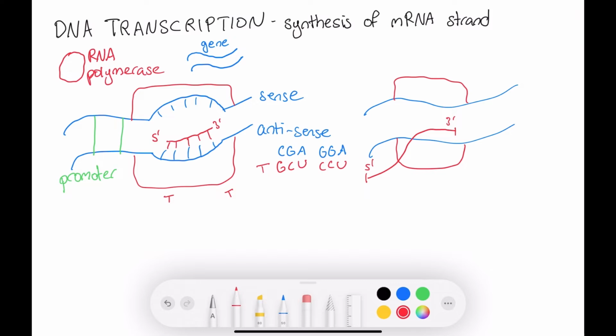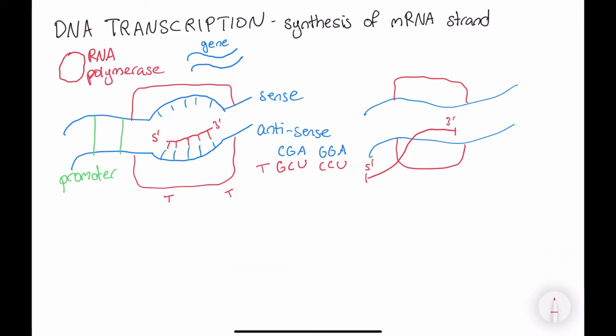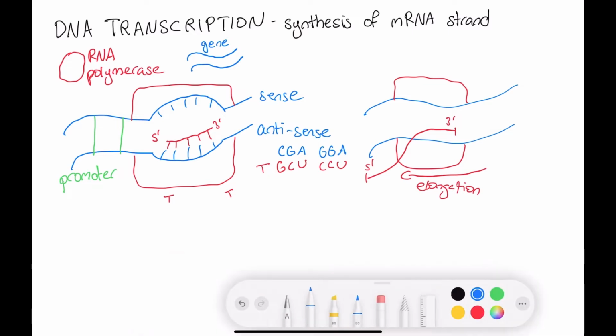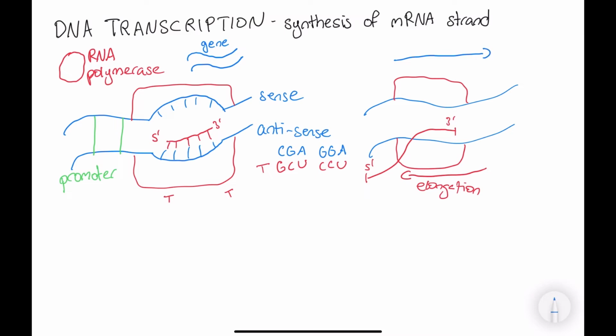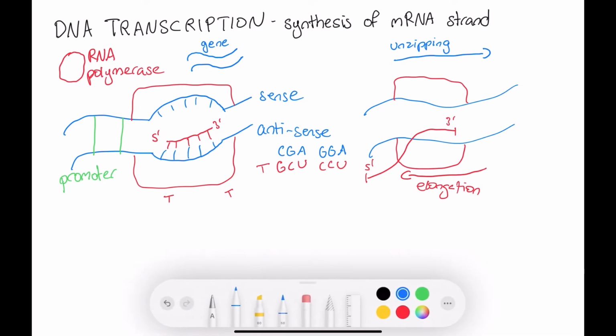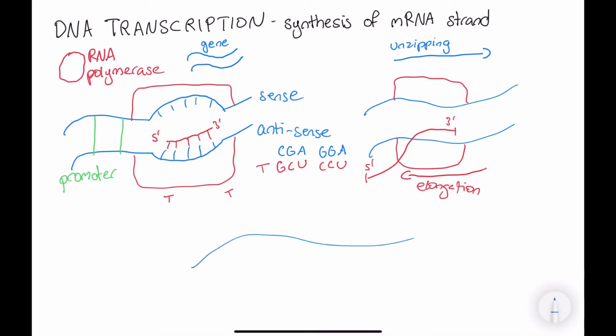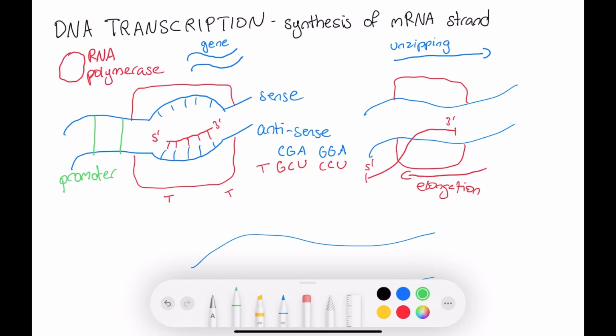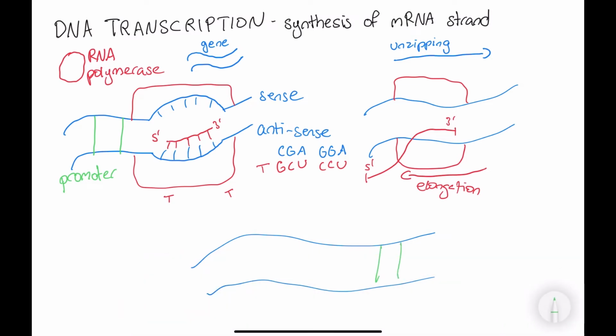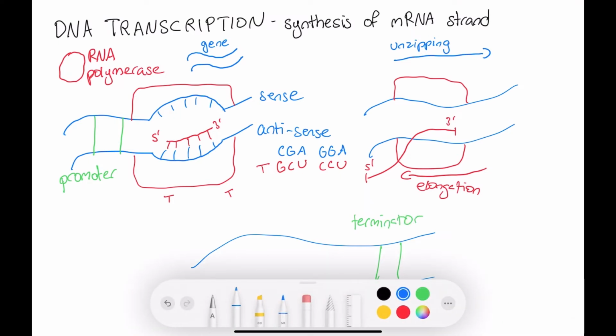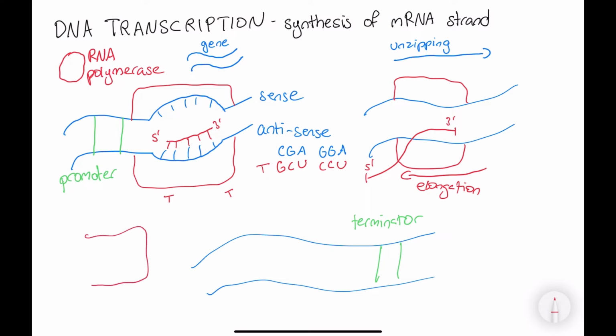Because of that, the direction of elongation will be in this direction, because the bases will go to this 3' end, but the direction of unzipping happens in this direction. Eventually, the polymerase will reach an end that has a terminator region, and here it will dissociate or leave the DNA. It's no longer needed.